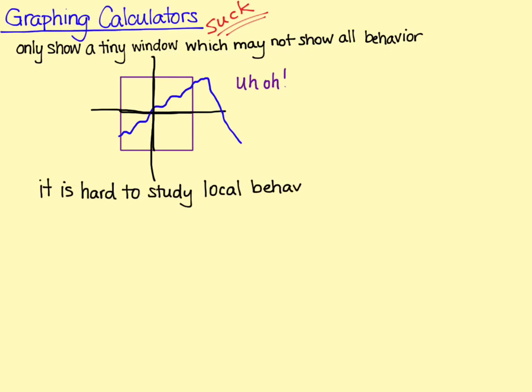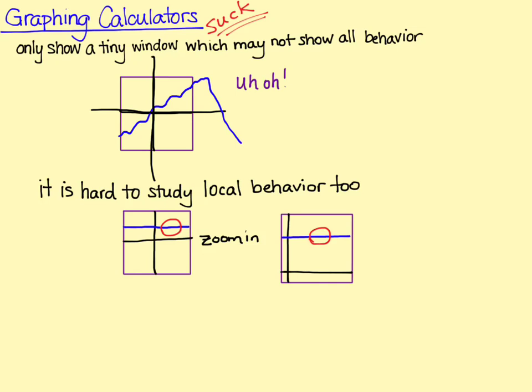It's also hard to study local behavior on graphing calculators. So for example, the function might look like this, but if we zoom in on this graph really close, maybe we notice that there's a little dip. We wouldn't have seen that from the original projection of the graph. We would have to know where to zoom in and how far to zoom in in order to see it.